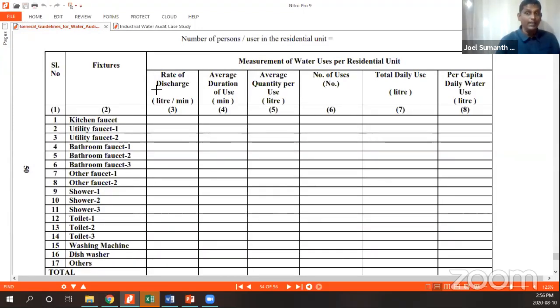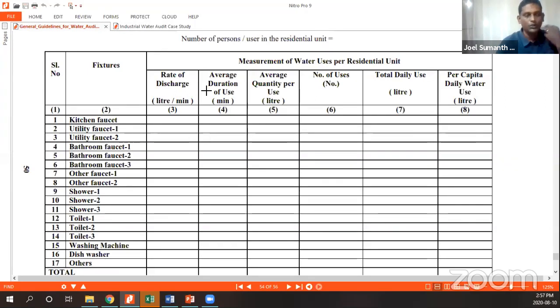flowing in through the tap at different utilities in different points of the house, like kitchen, bathroom, other facilities, showers, toilets, washing machine, dishwashers. First thing is the rate of discharge, how much water is coming out from each point per minute.